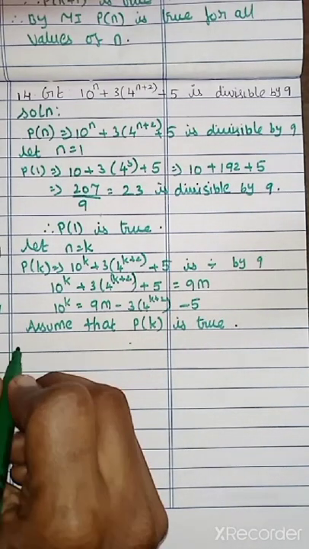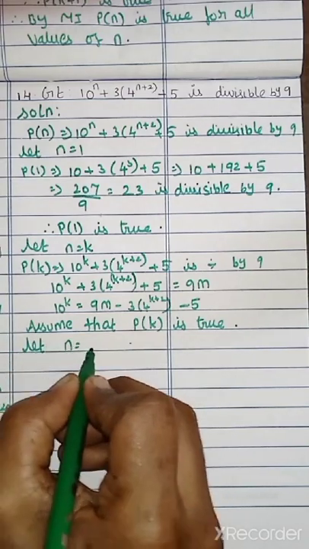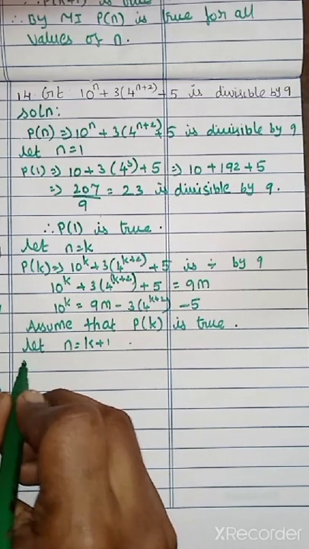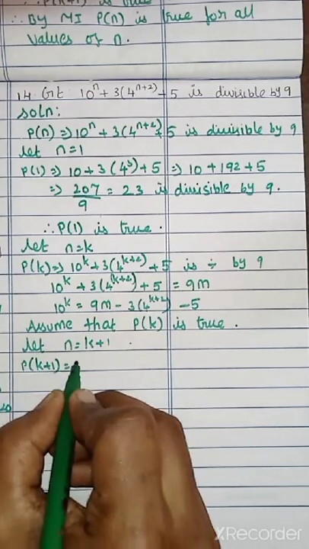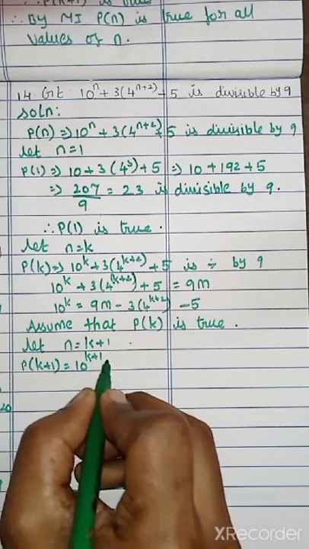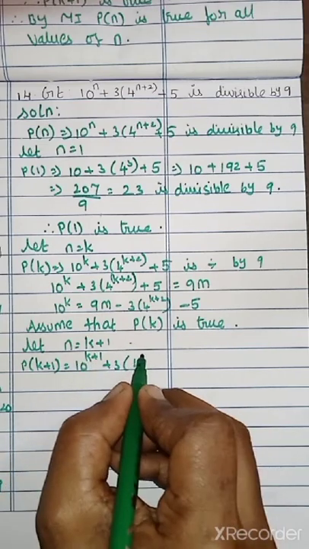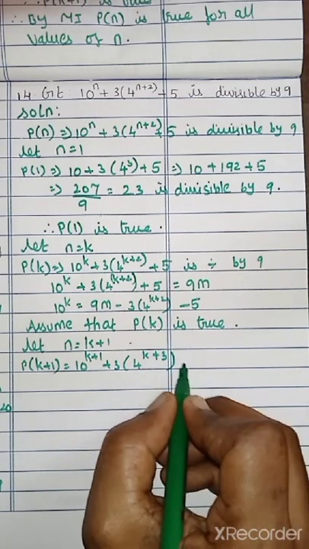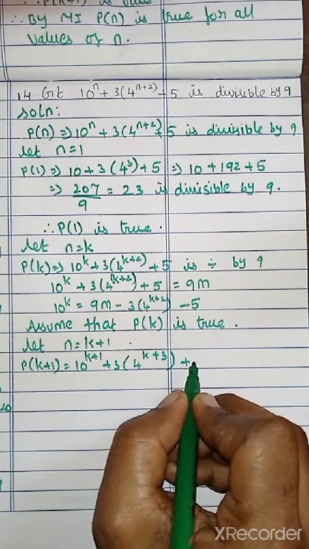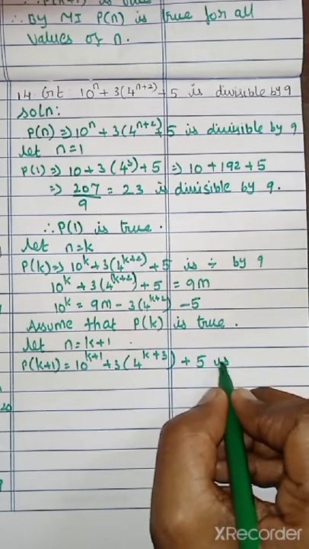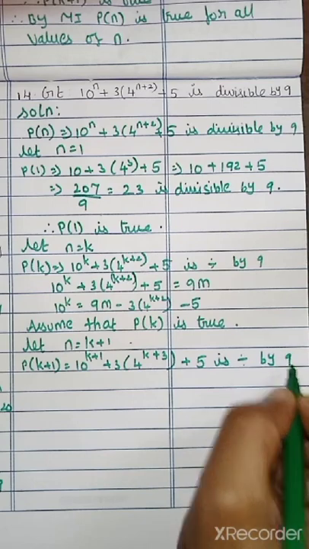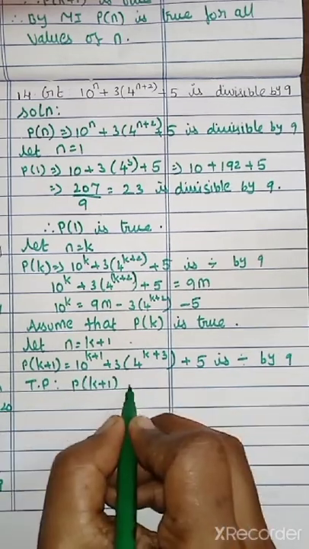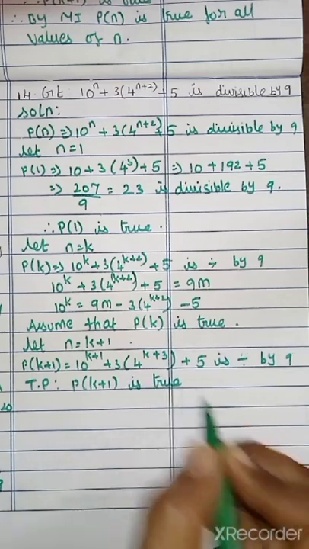What is the next step? Let n equal to k plus 1. So P of k plus 1 implies 10 power k plus 1 plus 3 into 4 power k plus 3 plus 5 is divisible by 9. Okay, we want to prove that P of k plus 1 is true.